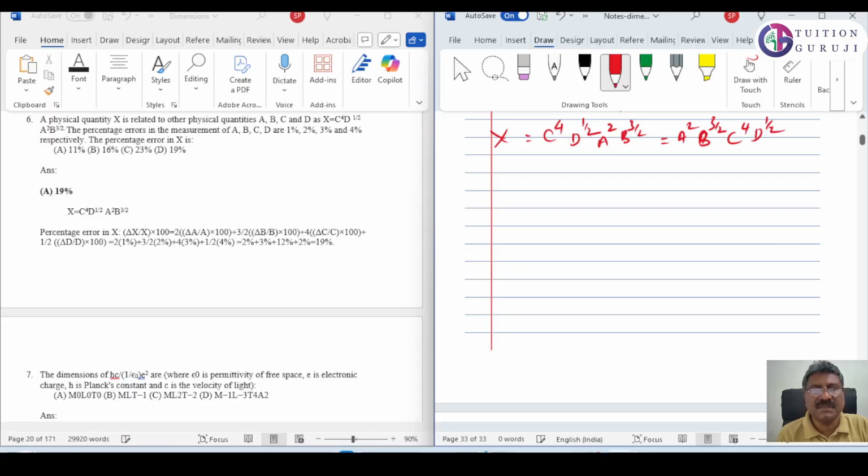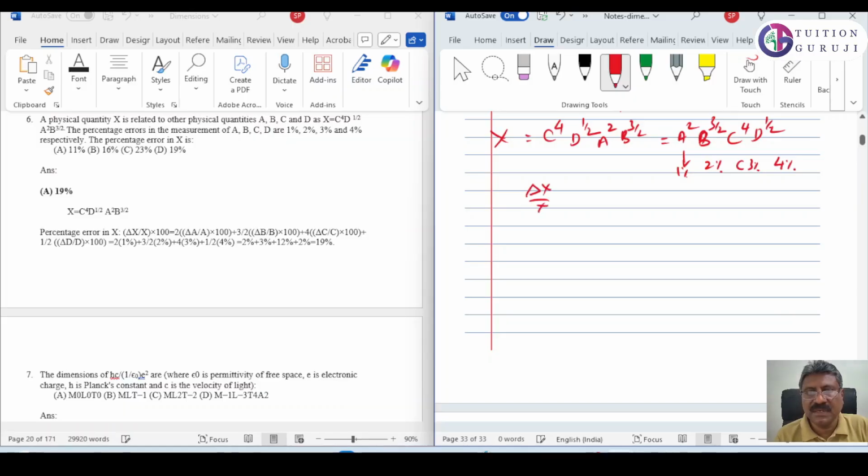It's a product, so we can write it like this. Now it is given the percentage errors: A is 1%, B is 2%, C is 3% and D is 4%. Therefore, we have to find out the percentage error in X.